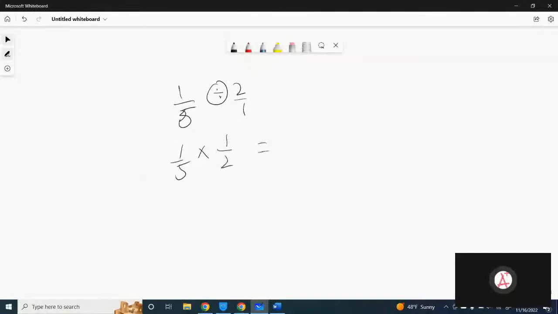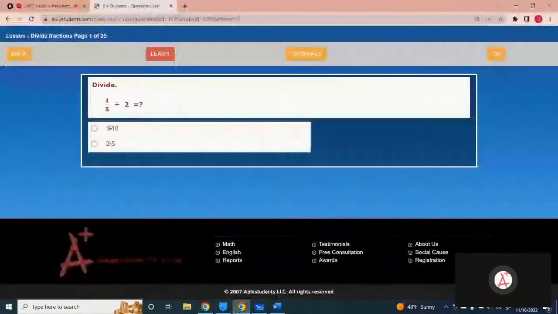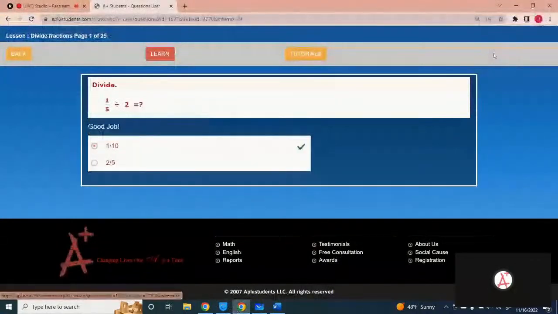Got it? Just multiply numerator times numerator and denominator times denominator. It would be 1 over 10. So the correct option is 1 over 10.